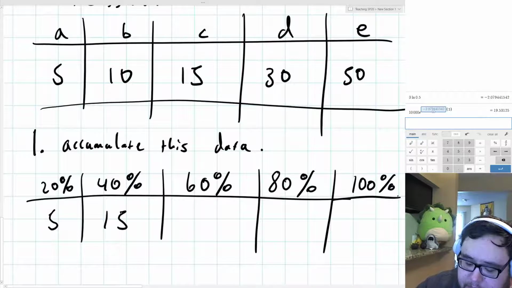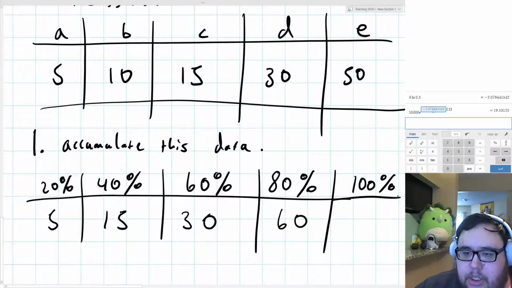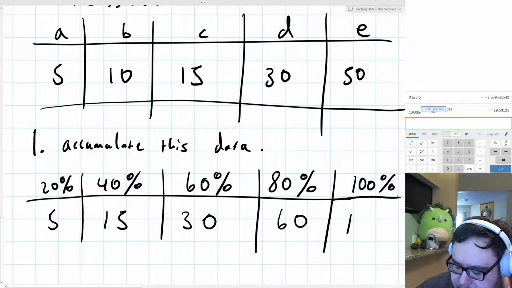The bottom 60% is A, B, and C, so that's 30 seashells in total. The bottom 80% is A, B, C, and D, and they control a total of 60 seashells. And then the entirety of the wealth is 110 seashells.